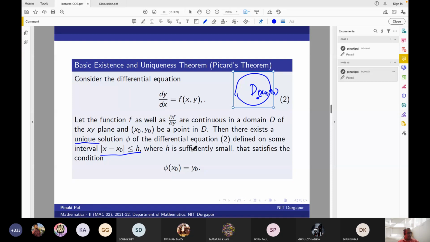And it satisfies the condition phi(x0) = y0. So this is called Picard's theorem. What are the requirements?